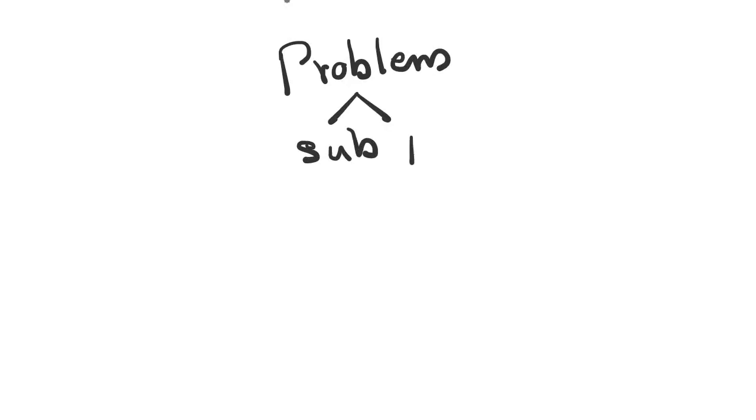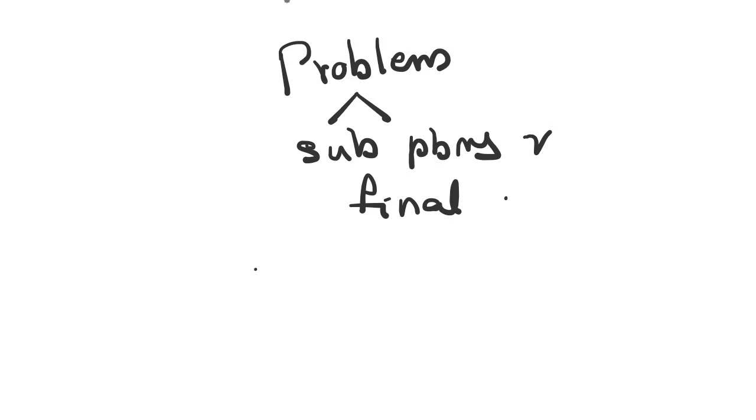In divide and conquer, we take the problem and divide it into subproblems. These subproblems are solved recursively and we find the final solution. This is followed in divide and conquer. In dynamic programming also, the same problem is divided into subproblems and we find the solution for each subproblem.